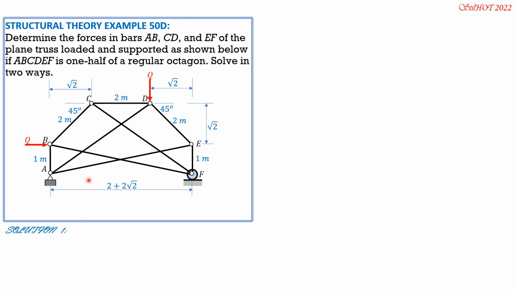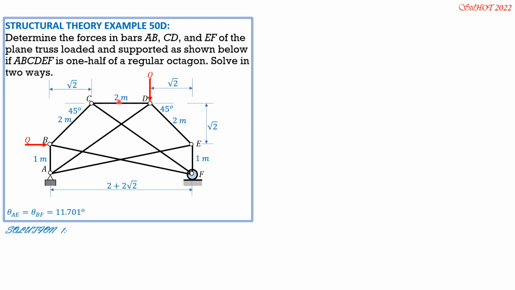So we can now solve theta AE, which is equal to theta BF also. Tangent of theta AE is 1 over quantity 2 plus 2 square root of 2. So theta AE, which is equal to theta BF, is 11.701 degrees. Again, this is arctan of 1 meter over 2 plus 2 square root of 2. Then theta AD is equal to theta CF.